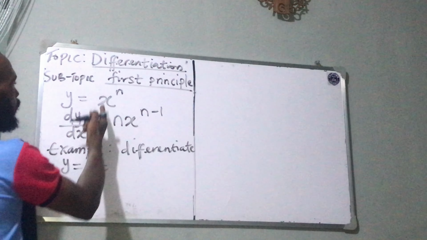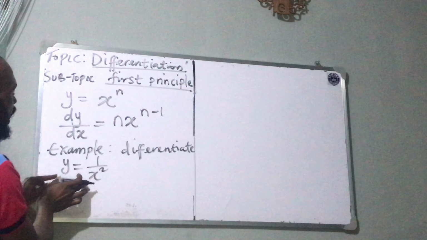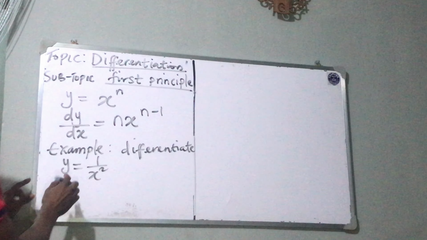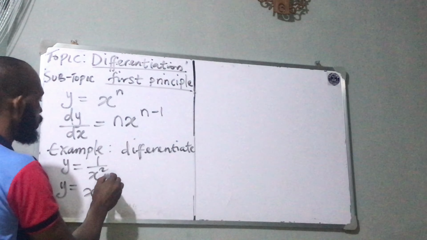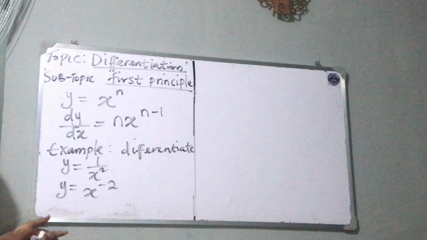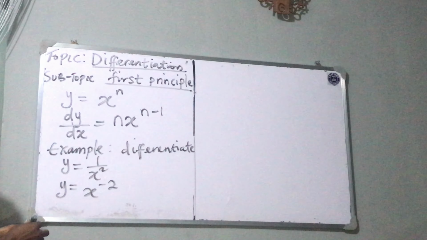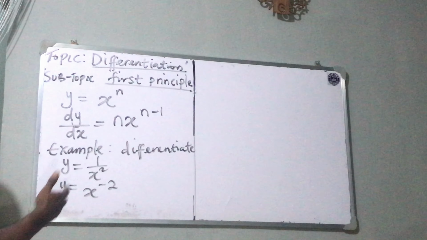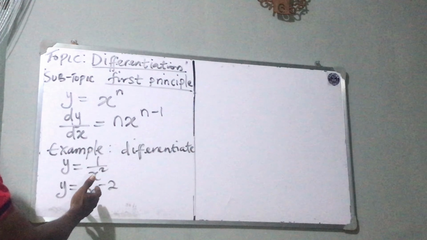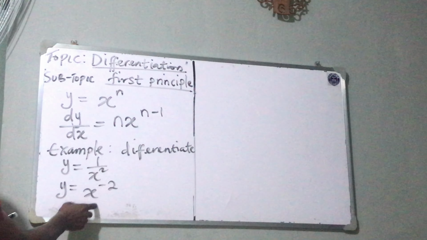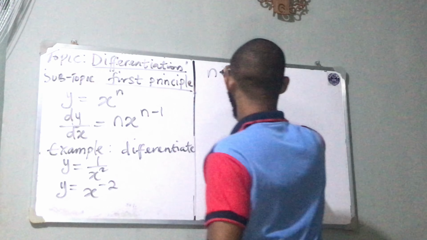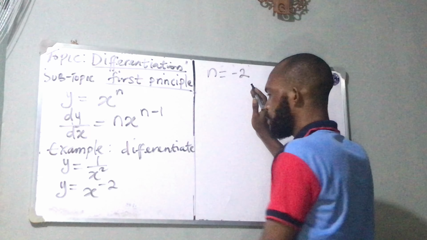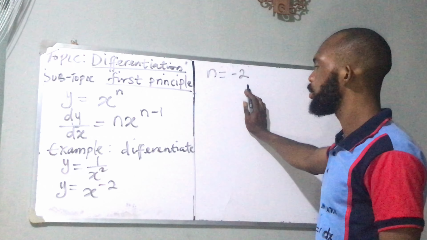Now, using this formula, I can write y equals 1 over x squared as y equals x raised to power minus 2. This is in indices form, right? x raised to power minus 2. Now, if you compare this to this, you discover that your n is equal to minus 2. My n is minus 2.